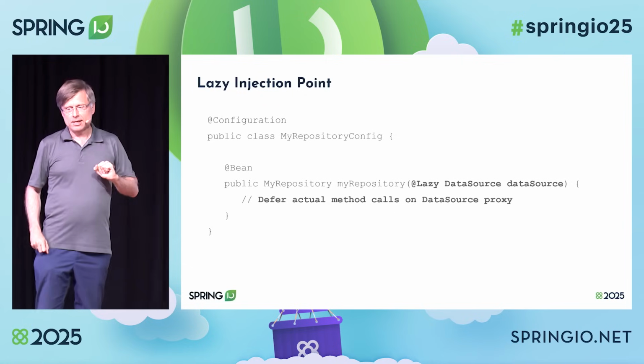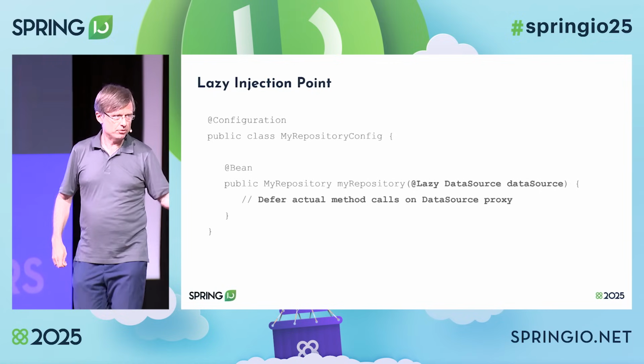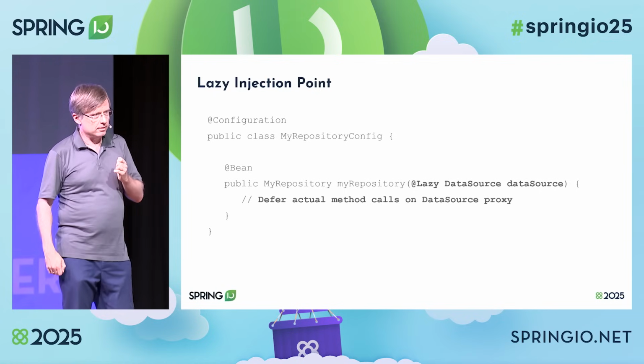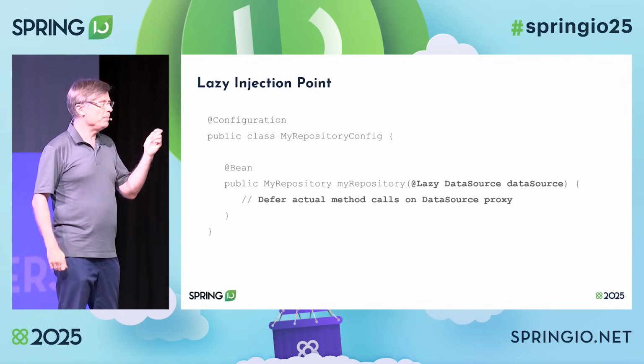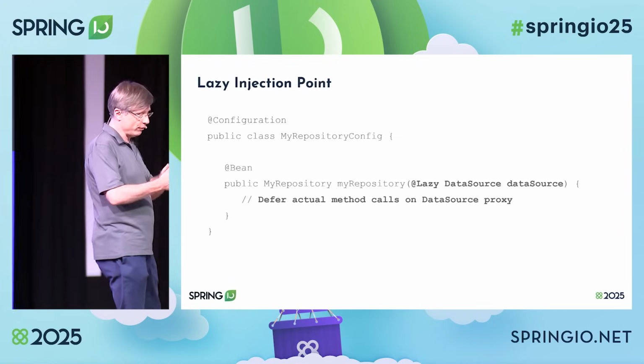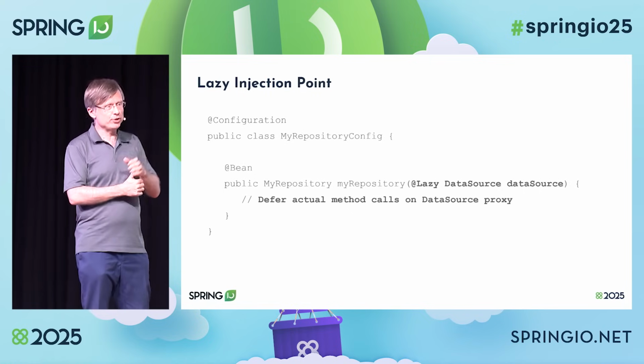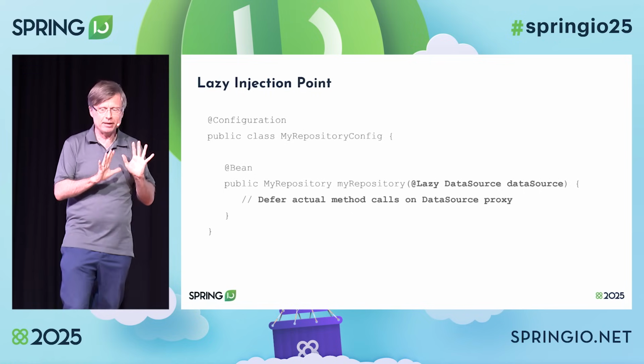This data source here has an @Lazy marker, which is basically a programming model construct telling the container that you do not intend to immediately interact with that data source. It's okay if it's not fully initialized yet, possibly not even fully initialized during the bootstrap, but that's a bit of an independent concern.